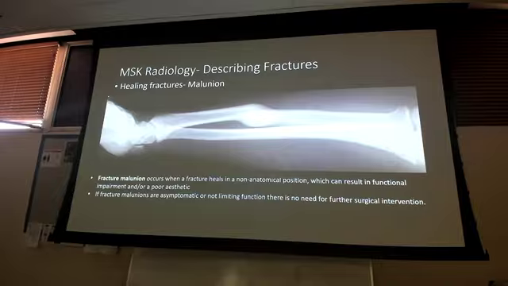Enjoy your life. We're going to leave it alone. This is just how you are from now on. But if it's causing functional impairment or pain, ortho will likely go in, re-break it, surgerize it, put it together, and let it try to heal the appropriate way. So that's all going to be patient-related experiences. You'll have some that you leave alone, and some that you'll refer to ortho. But a malunion is any fracture that comes together that is not healed in the anatomic position.